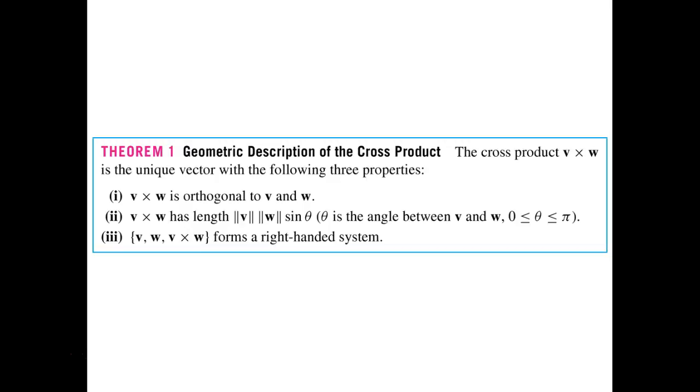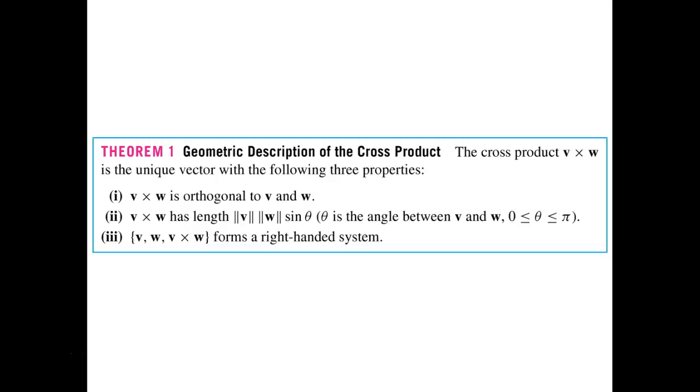It's always between 0 and pi. So you could have V in this direction, W in that direction. Yeah, that's between 0 and pi. So yeah, you're fine there. That's really not an issue at all, mostly because it's a sine. If that was cosine, it would make more of a difference.